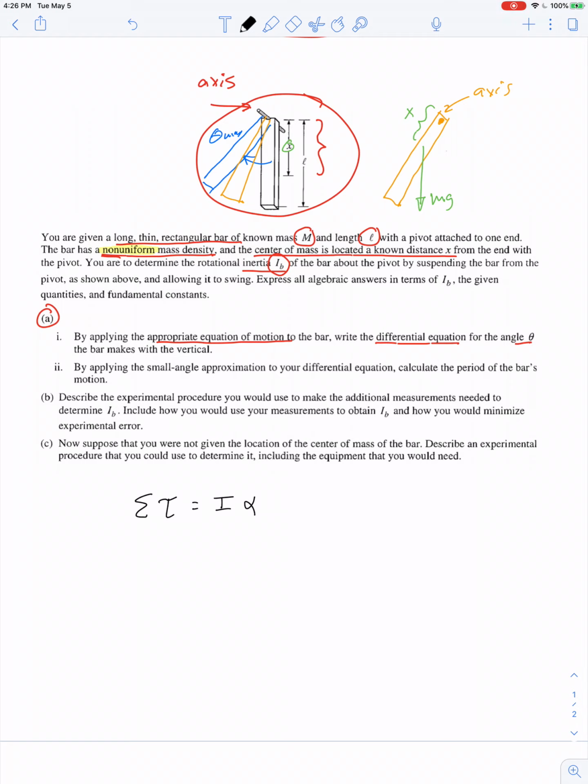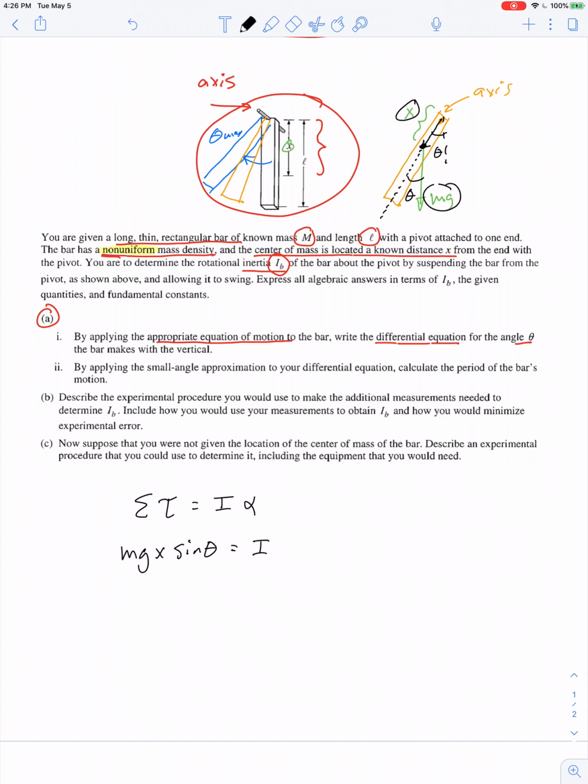Well, the net torque in this case is the cross product between the force of gravity and the lever arm. Now that lever arm of x points from the axis of rotation to the point where the gravity force is applied, but if we extend that lever arm, then it makes the same angle theta that the rod does with vertical. So net torque in magnitude is nothing more than mg times x times sine theta.